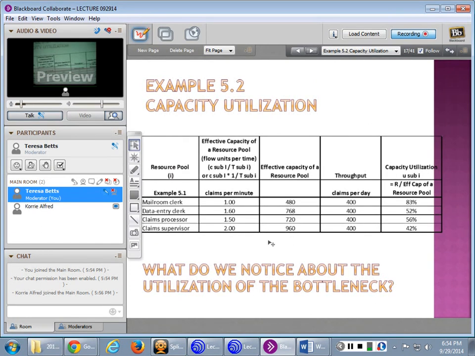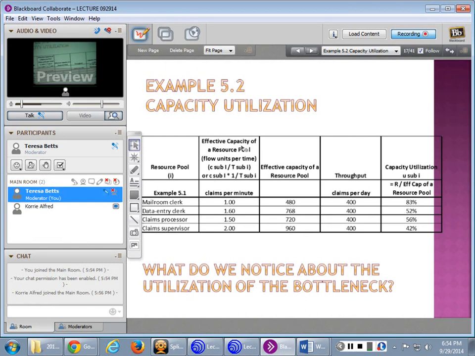Okay? Example 5.2. Assume that the average number of claims processed by New Life Finance during a given month was measured to be 400 per day. Okay? And so the effective capacity of the various resources is as indicated in the second column of Table 5.2. So we've copied that column over here.